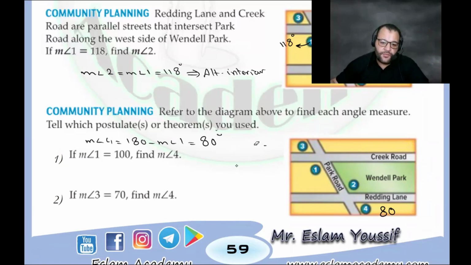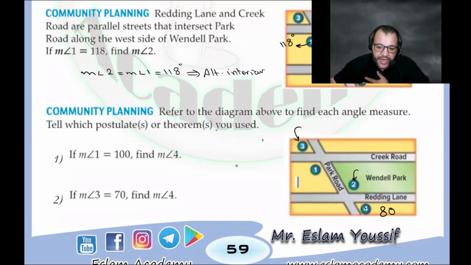I said you can find measure of angle 2, then find 4. Or you can find measure of angle 3, then find 4. Because there is a relation between 1 and 3, and 3 and 4, and between 1 and 2, and 2 and 4. But there is no direct relation between 1 and 4.